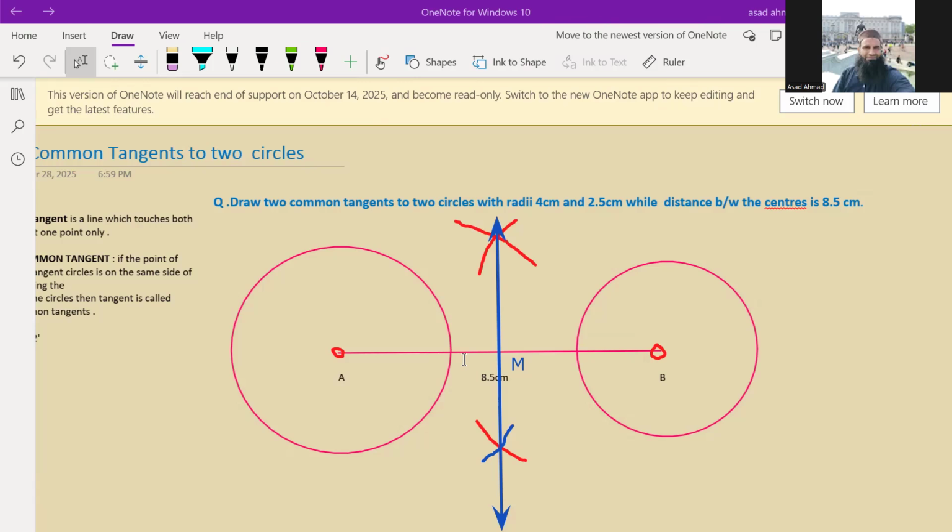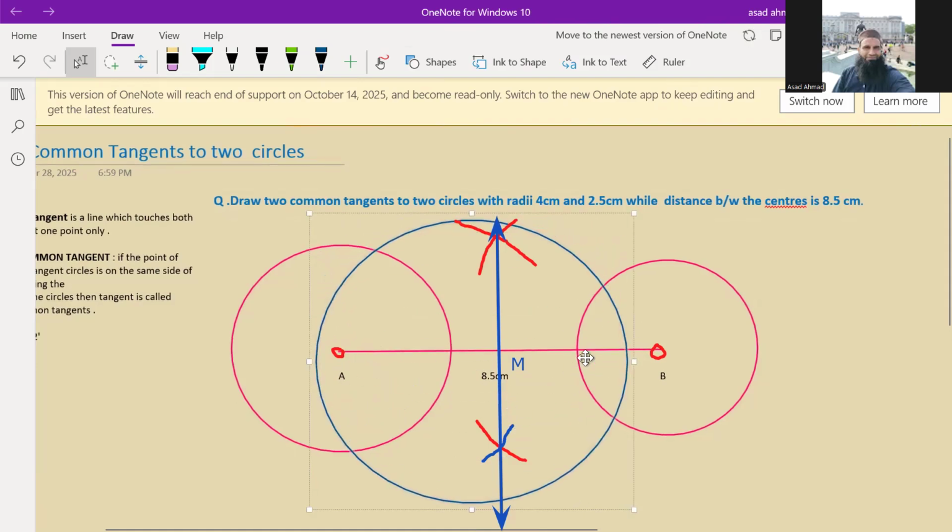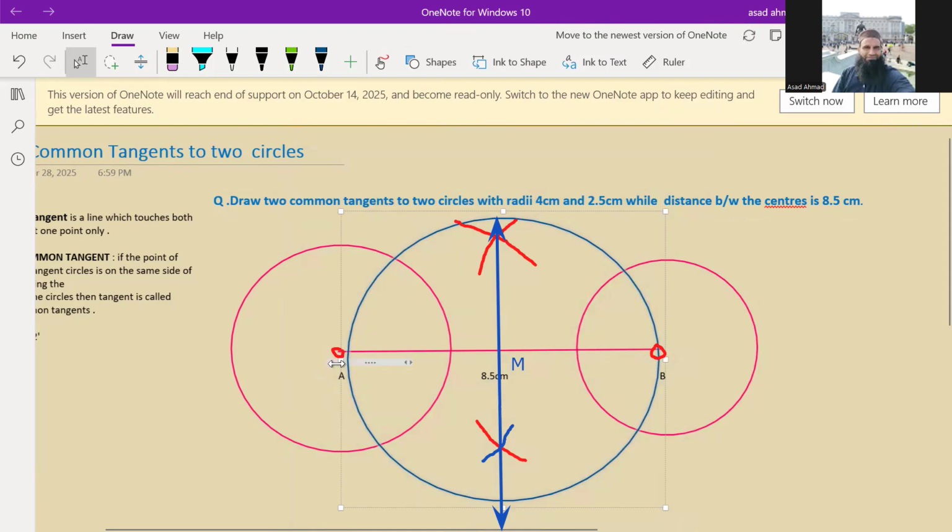So we have to draw one circle, taking M as center and MA as radius, you will draw one dotted circle.